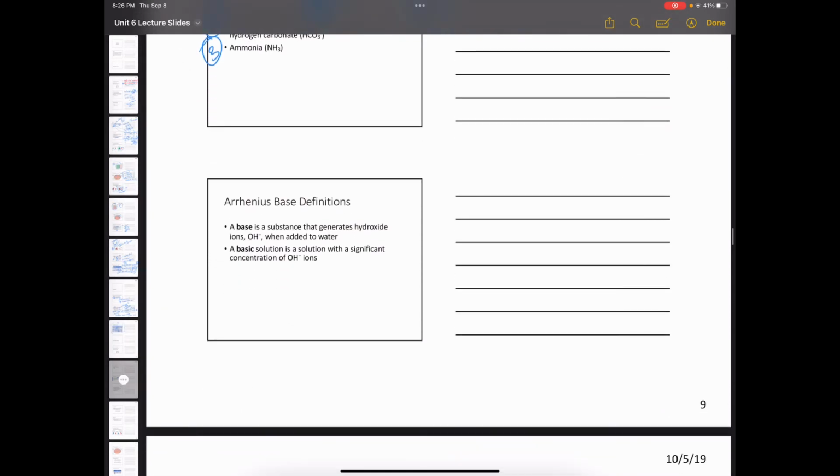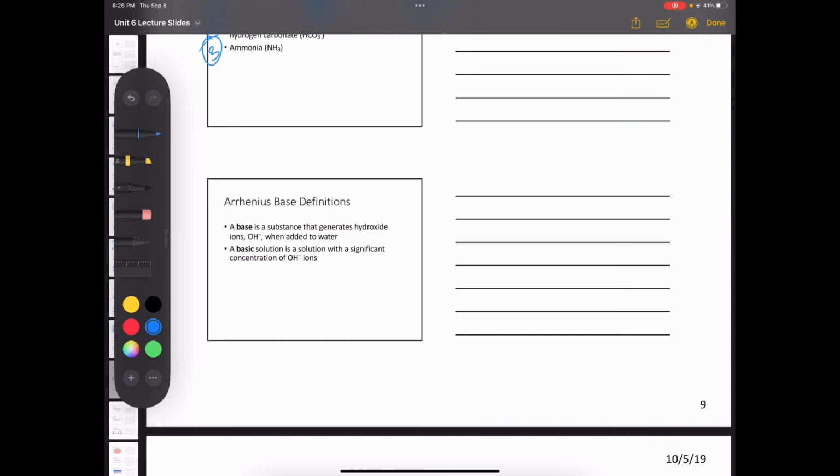Okay, let's now see what the Arrhenius definition is for bases. When we looked at the Arrhenius acid definition, it was any substance that forms protons, H plus or hydronium, when added to water. When it comes to the base, it's the hydroxide ion. That's what determines if this material is a basic material or not.